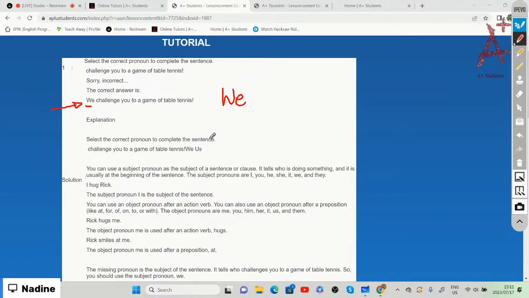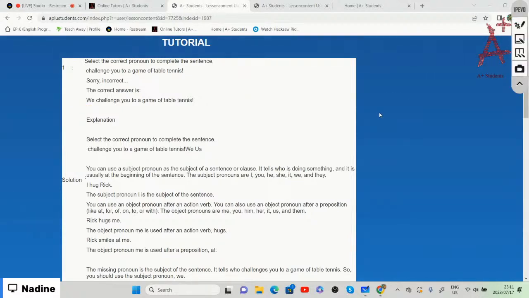We is a subject pronoun and it tells us who is doing something. Remember, we need to use the correct pronoun by saying whether it is an object pronoun or a subject pronoun.